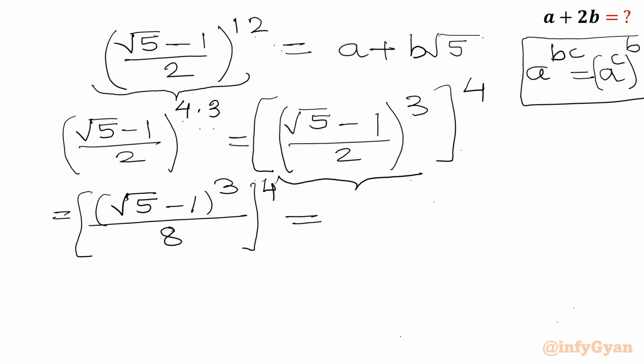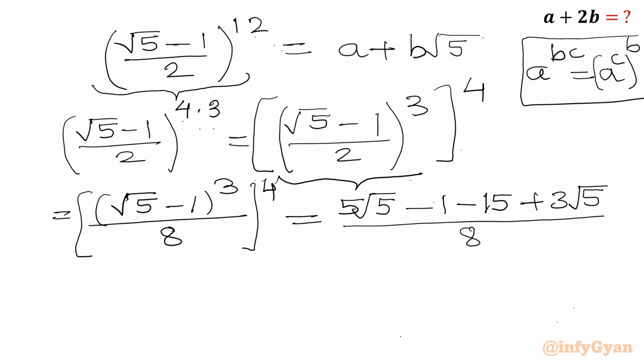Let us expand a minus b whole cube. So a cube 5 root 5 minus b cube 1 minus 3a square b, so I will write 15, plus 3ab square, so plus 3 root 5, over 8 whole power 4. Now 5 root 5 and 3 root 5, this will be 8 root 5.